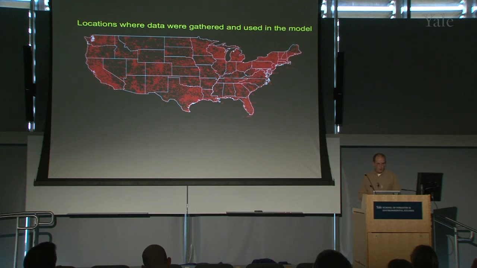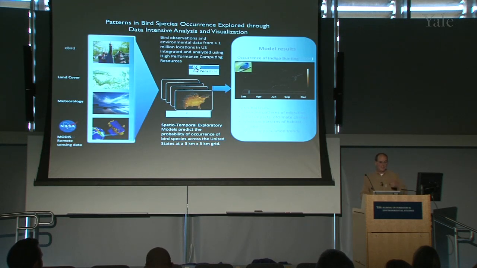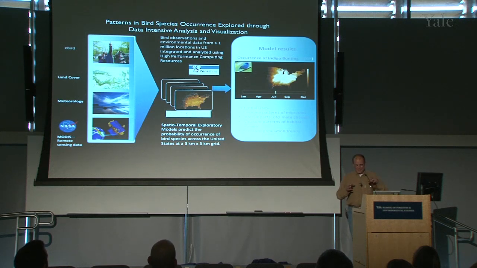But in our fourth run of the eBird analyses, these were the number of locations across the United States. It was about 500,000 locations where we had collected observations of birds that were used in the models. So what we do is we take the eBird data and that location and time information, and we link that data with land cover variables, fragment statistics that allow us to look at patches and fragments of land cover types in the environment.